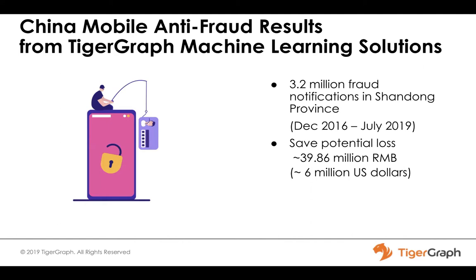And the police department estimated that we helped the local citizens save potential loss of about $6 million US. That's pretty substantial for this one province, through only the detection system that we implemented for them.